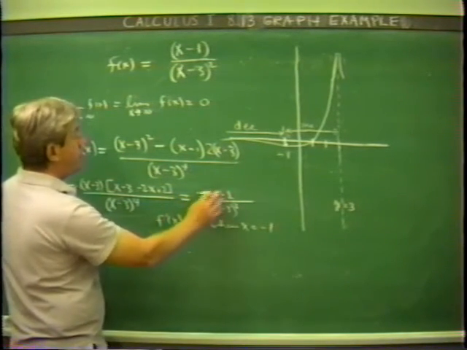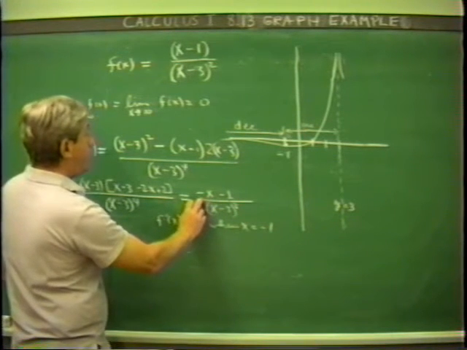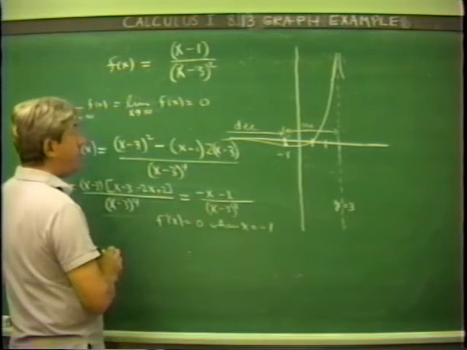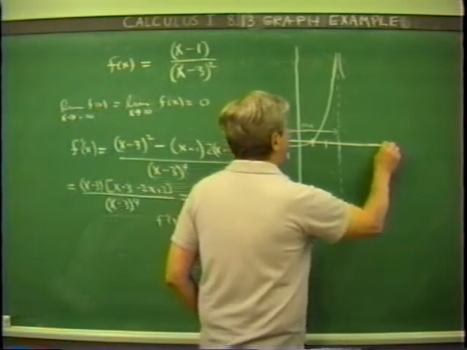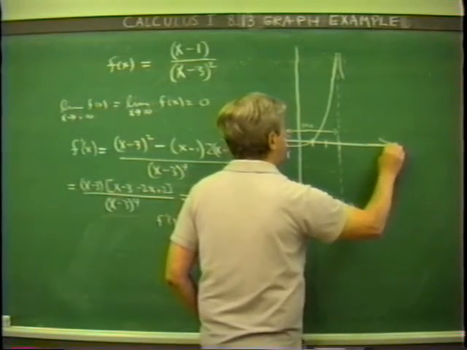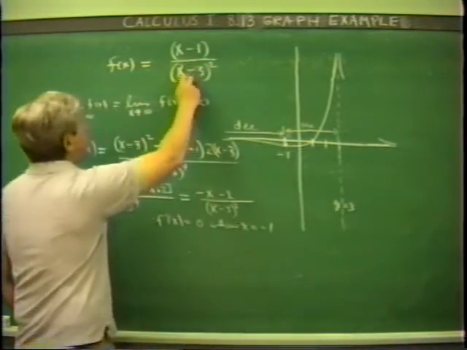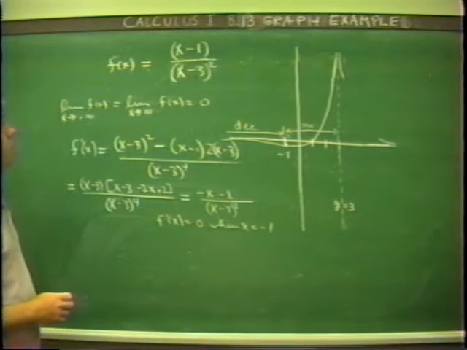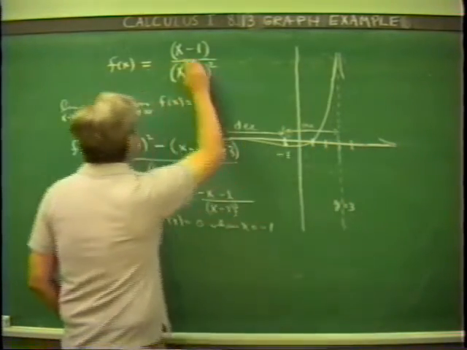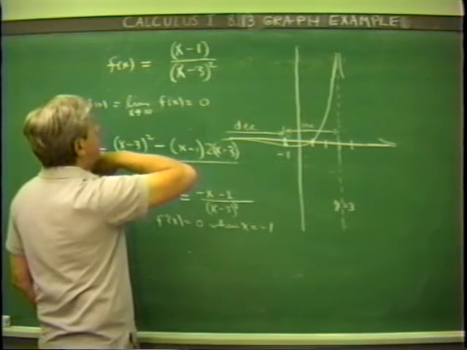How about the right of 3? Well, when x is larger than 3, for example, let's say at 10, the denominator is going to be positive, the numerator is going to be negative, so the function is going to be decreasing. We already know that it has an asymptote of 0. And we can also observe that it is going to be positive when x is larger than 1.